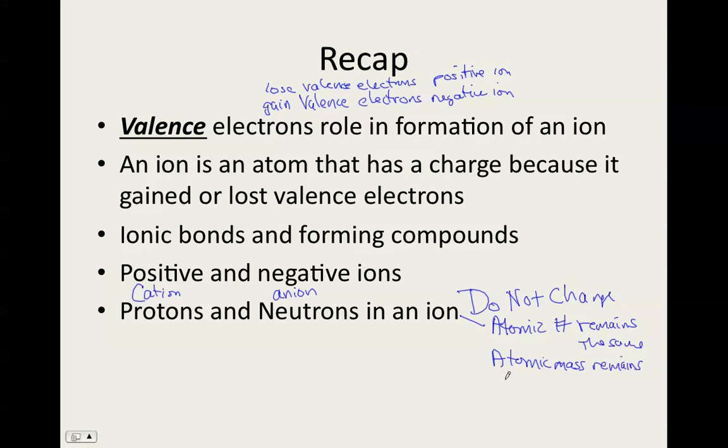Remember, the atomic number is the number of protons, and the atomic mass is the number of protons plus the number of neutrons in an ion.